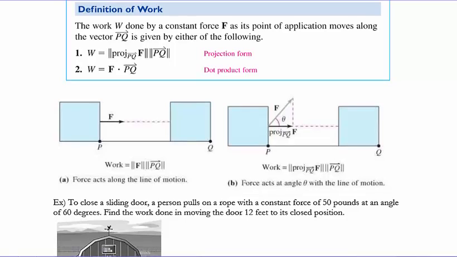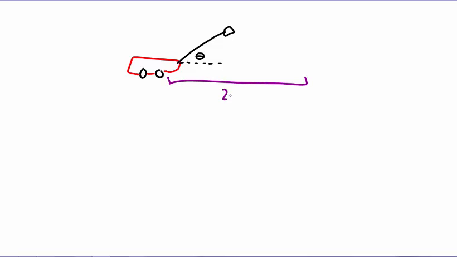Because if I have, let's say, a wagon, a nice little Radio Flyer wagon here, and I'm pulling the wagon at this angle right here, whatever this theta is, that's how I'm pulling the wagon. And let's say I pull my wagon 20 feet using a force of 10 pounds.